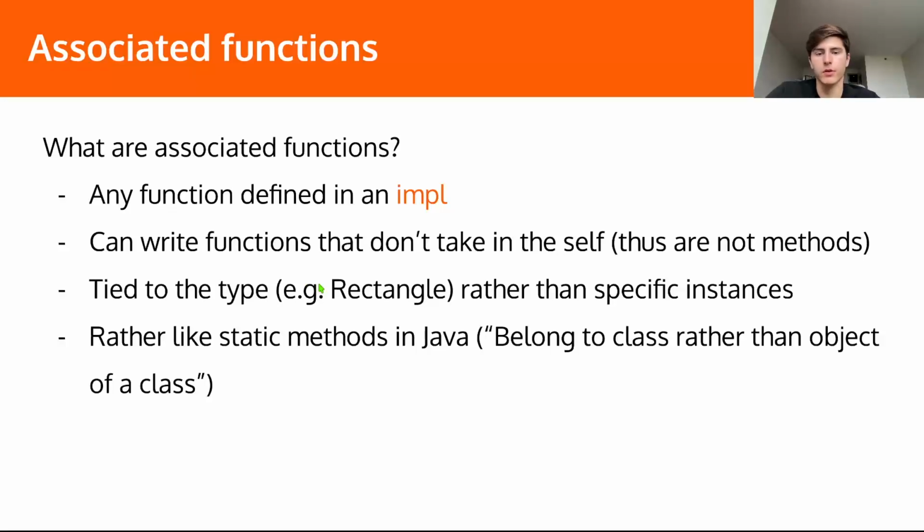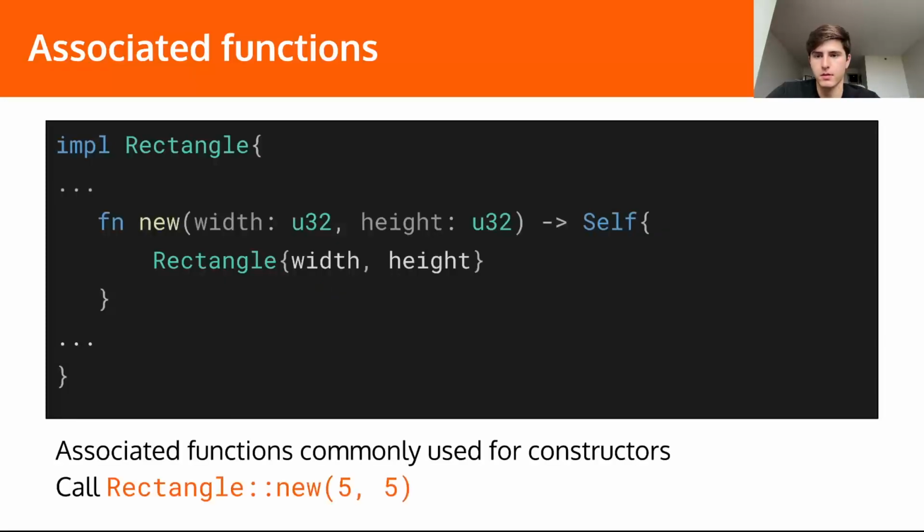This is helpful for constructors. Like here, you call colon colon new, an associated function of the type rectangle. Just like this, you can define a new rectangle outside of the access of the potentially private struct rectangle.